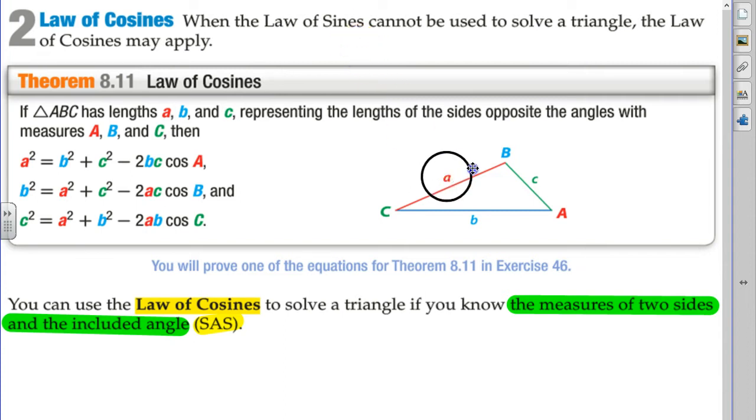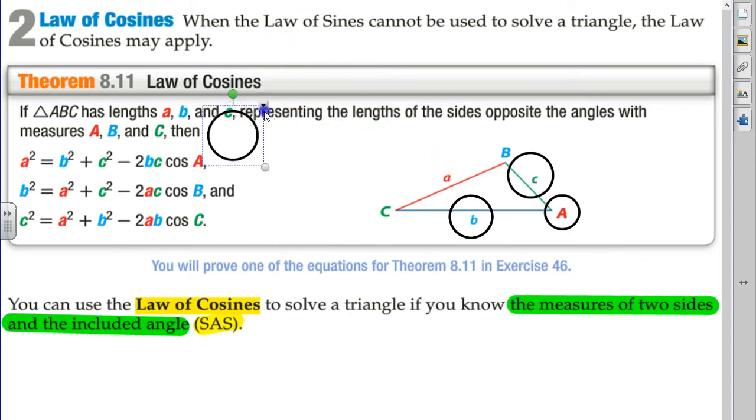Okay, in this case, let's say when I solve for side A, I have to know side B and side C. Okay, so I have to know those two guys and the angle between them. Okay. So in this case here, when I'm looking to solve for a side, here's that side, angle, side.